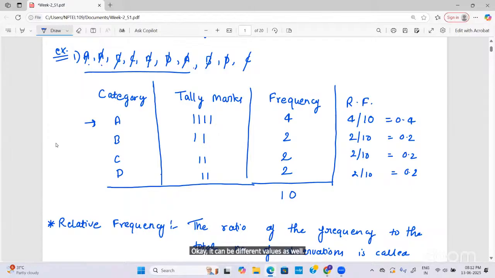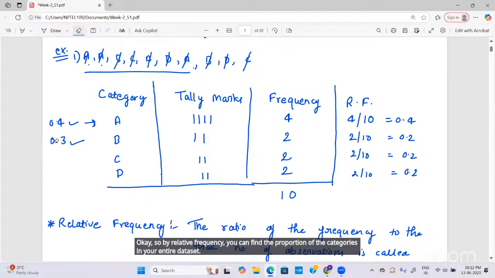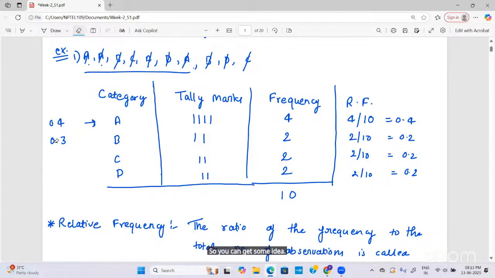Suppose it is 0.4, 0.3, then A will be 40% and B will be 30%. So by relative frequency, you can find the proportion of the categories in your entire data set. So you can get some idea.